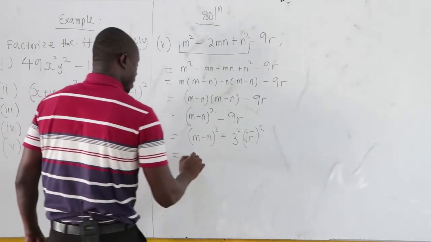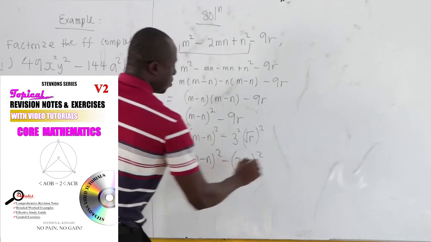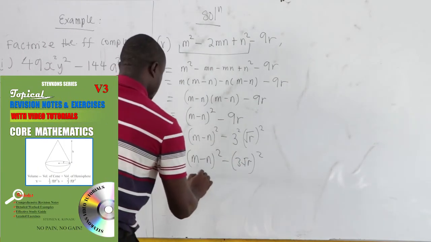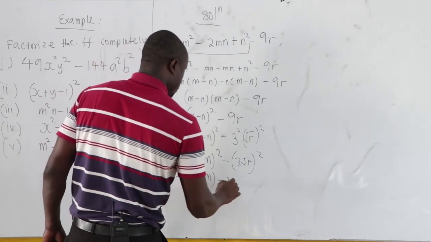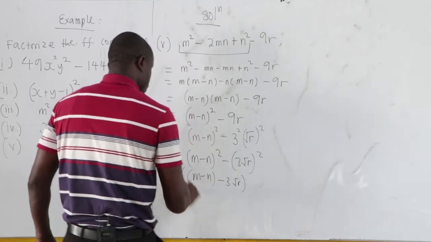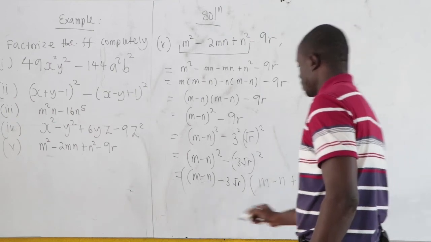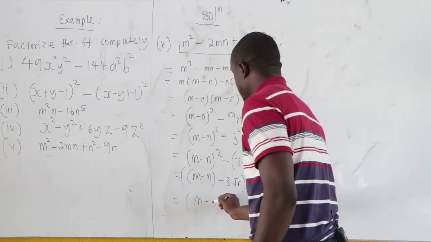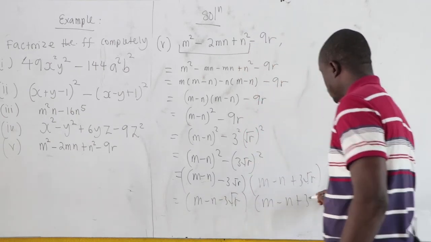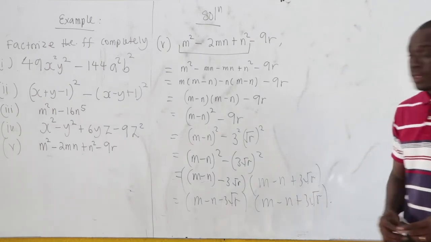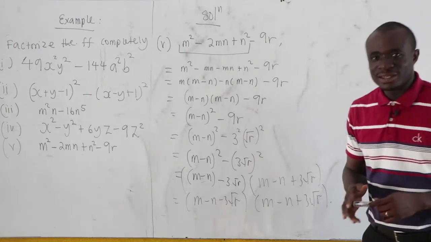Now from here we have m minus n all squared minus 3 root r all squared, and this is a minus b, a plus b. So this is the same as m minus n minus 3 root r, m minus n plus 3 root r. And this is a past question of 2006.